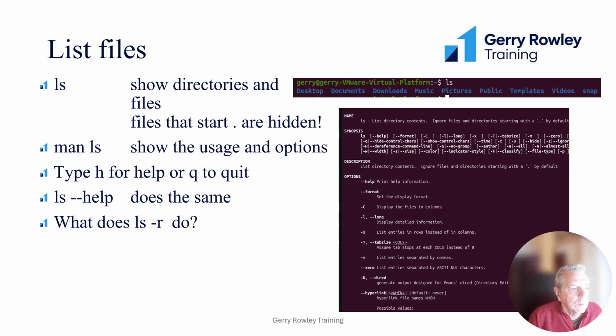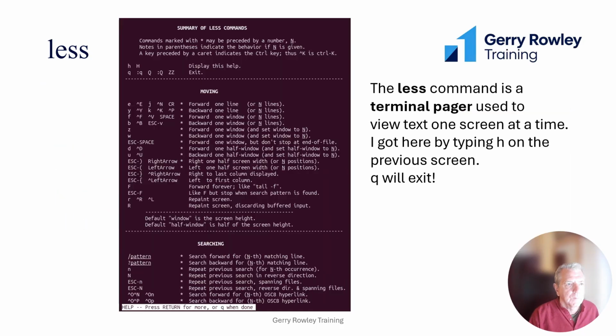Here's a question for you. What does ls dash r do? And the answer is it will display the directories and files in reverse order, either in text or number order, reverse.